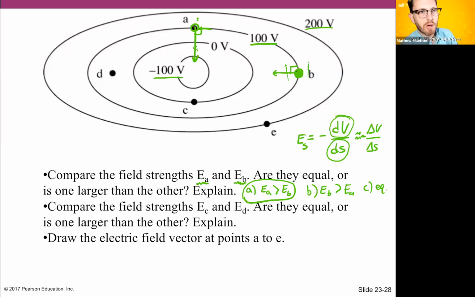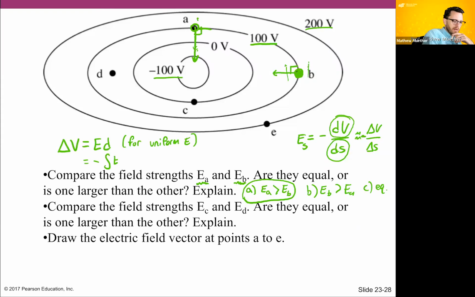There's a question in the chat. It says, could we also just look at V equals minus ED, where D is distance, of course. So remember, delta V is equal to E times the distance only for uniform E. The full expression is that this equals minus the integral of E_s ds, something like this.